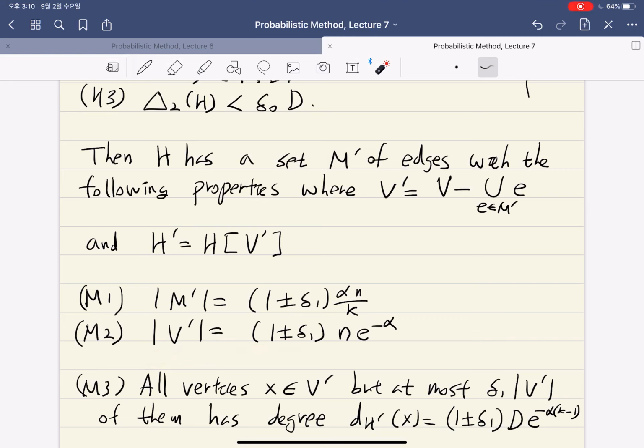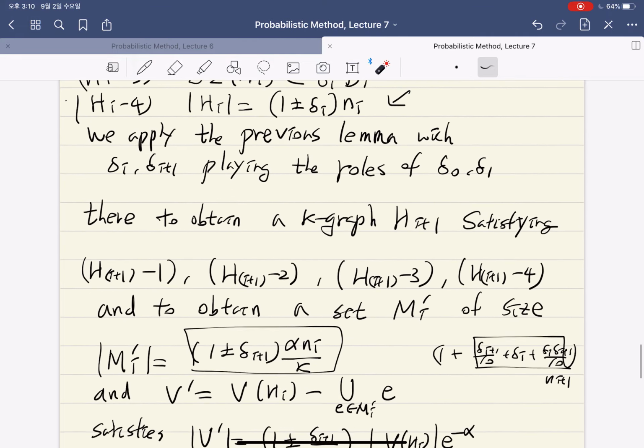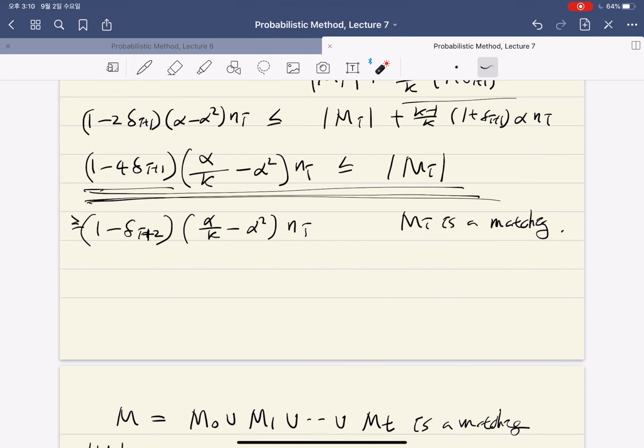That gives us the size of this. The size of this is close to maximum. Then M prime is a collection of edges, and most of the edges should be disjoint. So if you take a maximum matching inside there, it consists of almost all vertices in M prime. So that intuition was checked here.